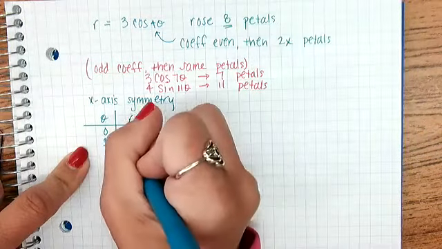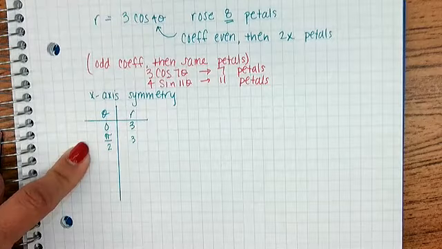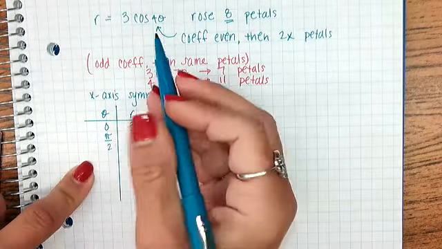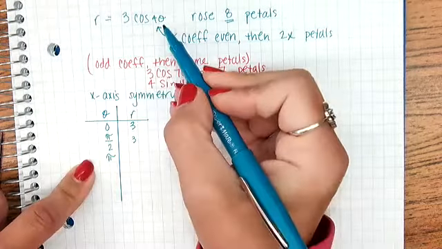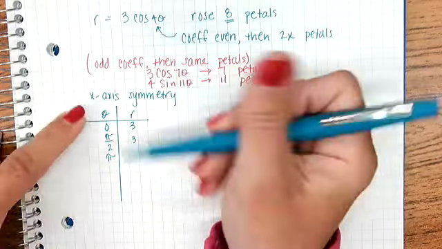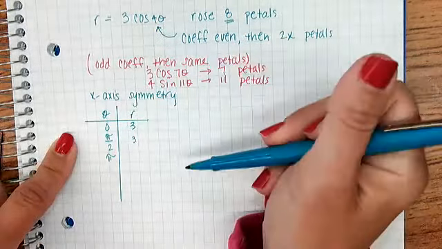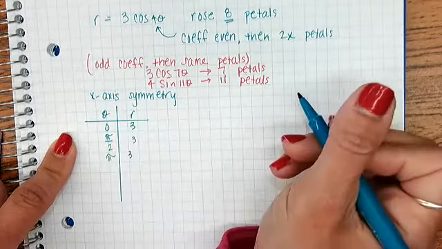Isn't that also 3? Uh-oh, not going to help us very much. When you plug in pi, you get 4 pi, which is the same thing as 2 pi, which is the same thing as 0, because they're coterminal angles. This is not helping us very much.